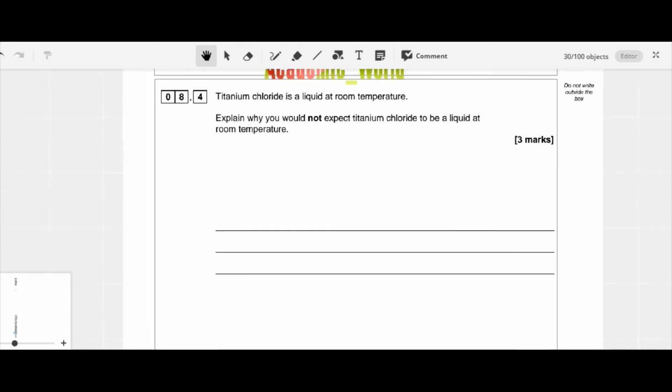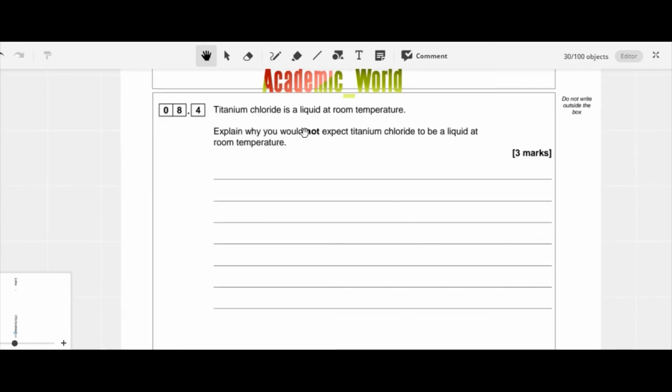Okay, 8.4. Titanium chloride is a liquid at room temperature. Explain why you would not expect titanium chloride to be liquid at room temperature.